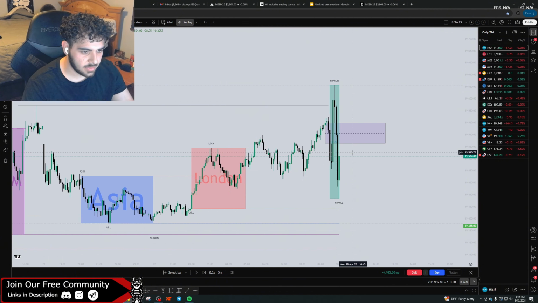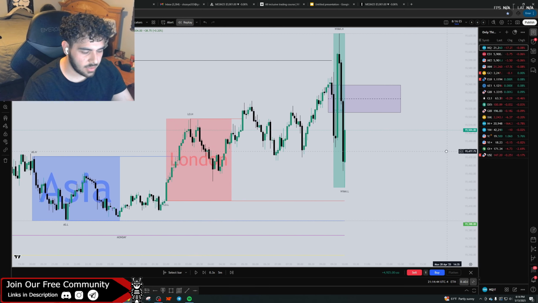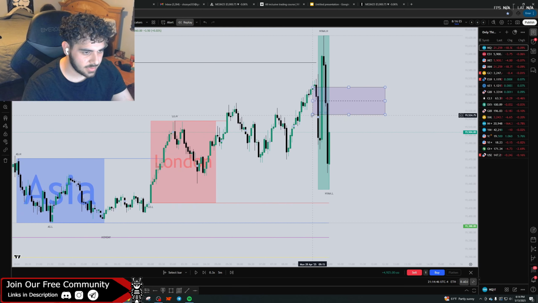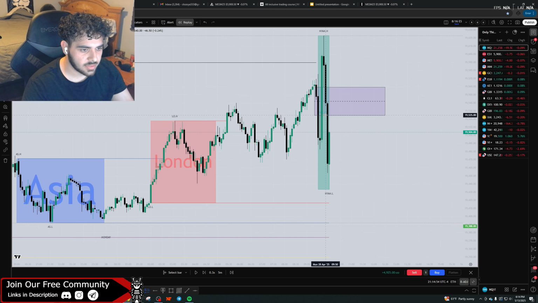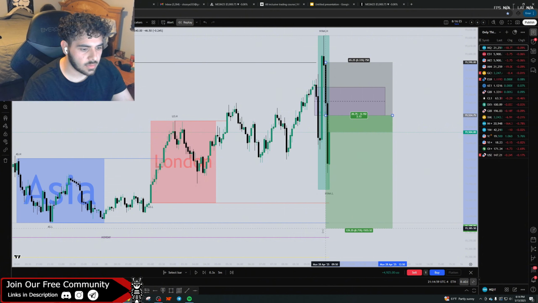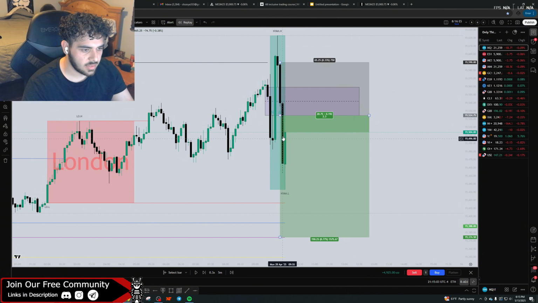We also have these other two fair value gaps. However, I'm more interested in the inversion because this fair value gap is too low and this fair value gap is too high in my opinion. So I'm more interested in the inversion. Again, this is the market structure shift. So us closing down below that, retracing, that's our entry.